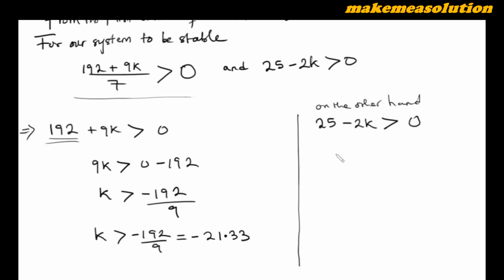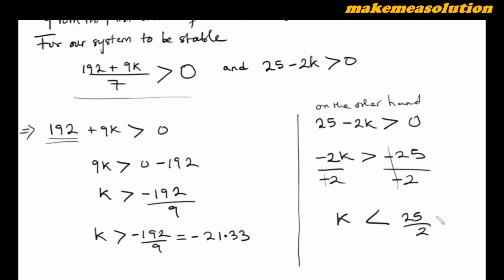So if we solve, we'll have minus 2k is greater than minus 25. When you divide both sides by negative 2, you have k is less than, because a minus sign reverses the direction of your inequality, 25 over 2, which is 12.5.